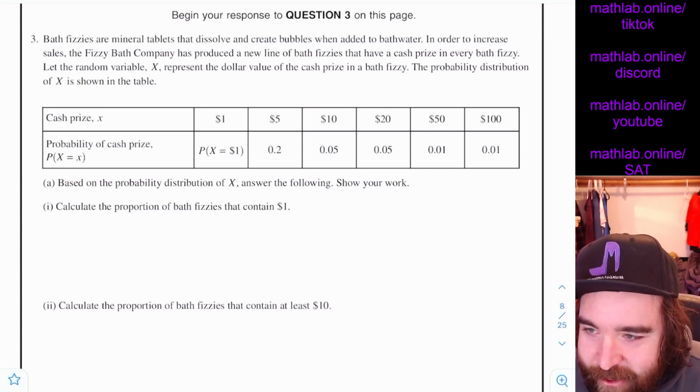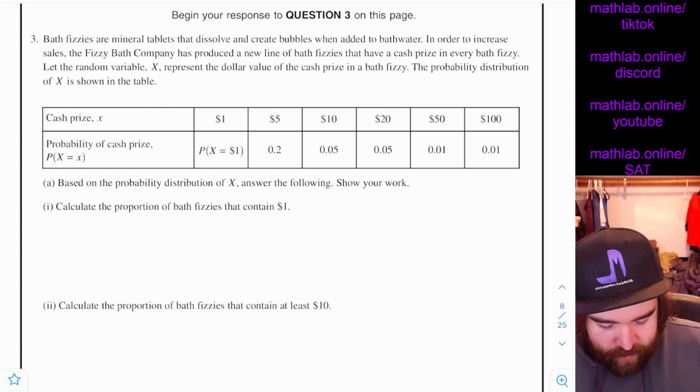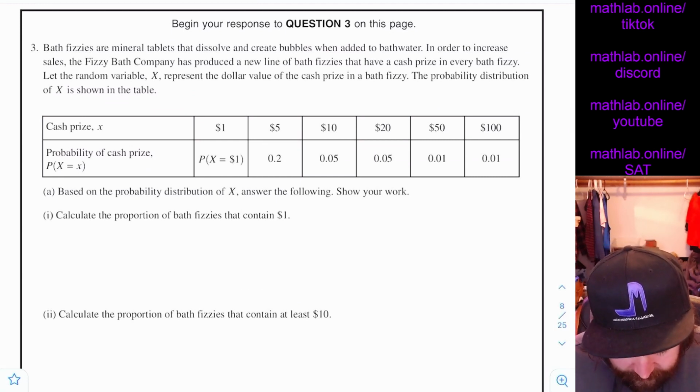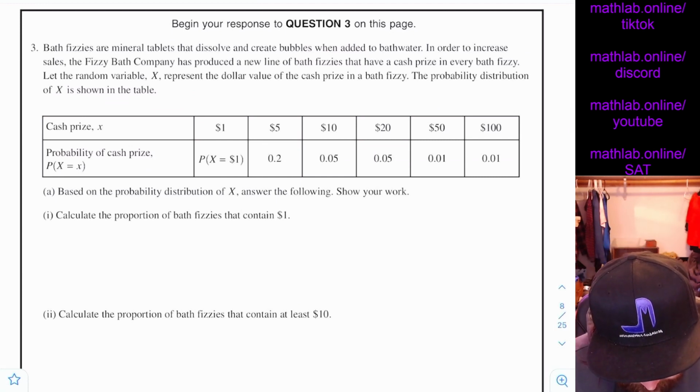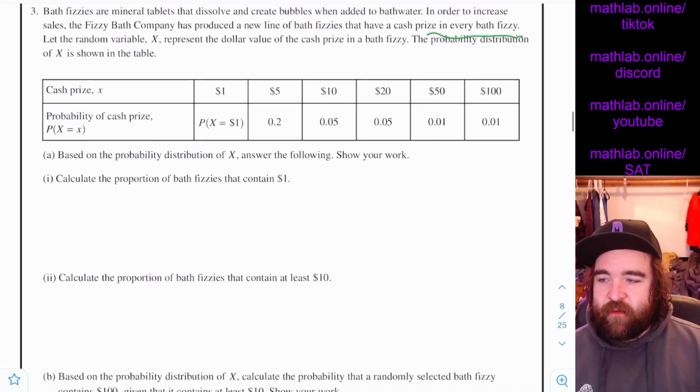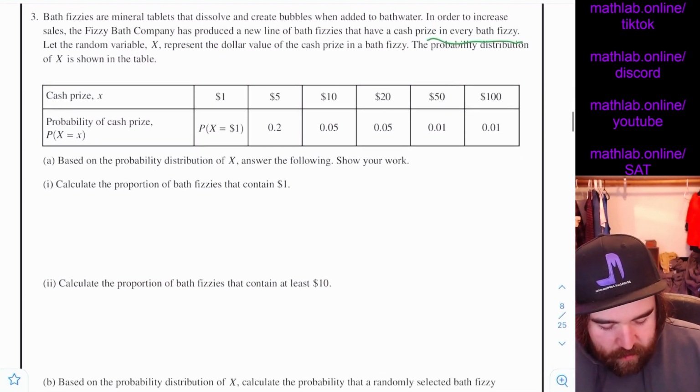Oh, I was going to say, is that not just in the chart? But no, we have to... Wait, they all have a cash prize, every one of them? In every bath fizzy. Okay. Wow, these are going to be expensive then. So the idea is it's in all of them.